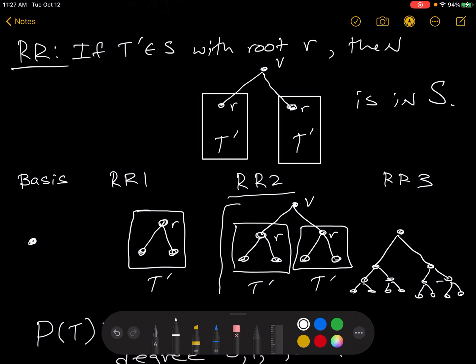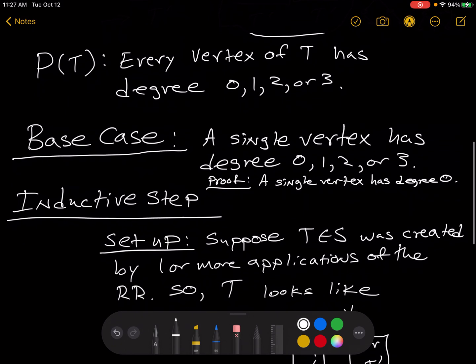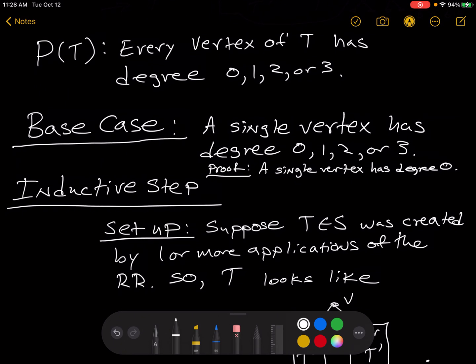So this is the graph T, the whole thing with v and the 2 copies of T prime. And we want to say what was the thing that led to the creation of T? Well, we did the recursive rule on T prime to get T. That's what we're trying to describe in the inductive step, in the setup.